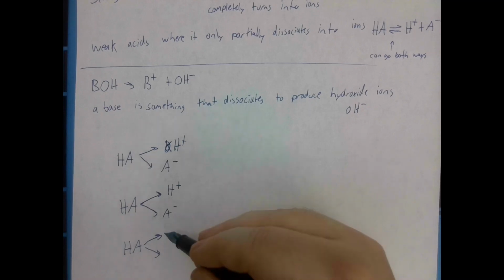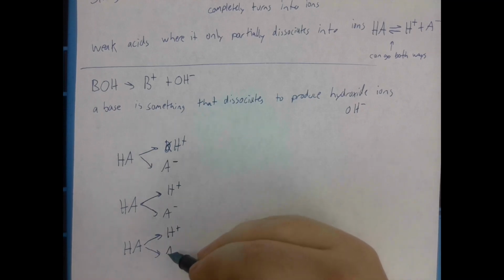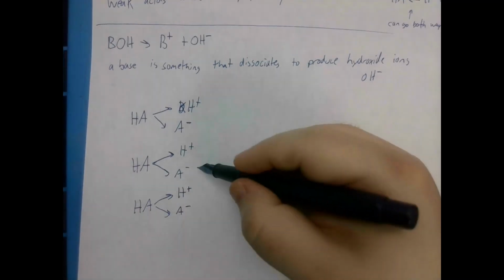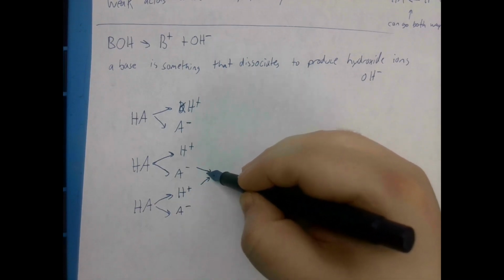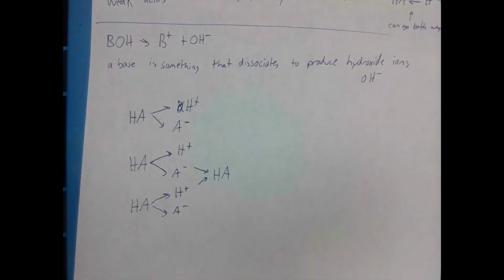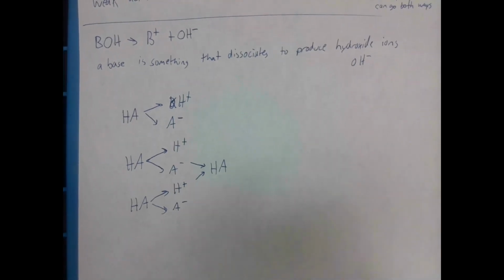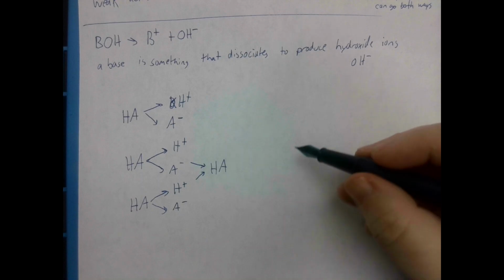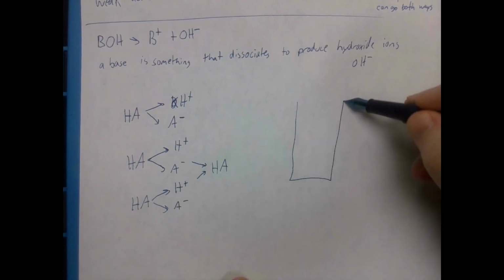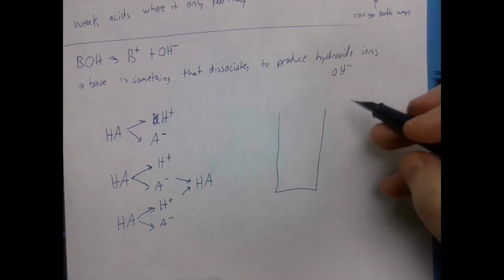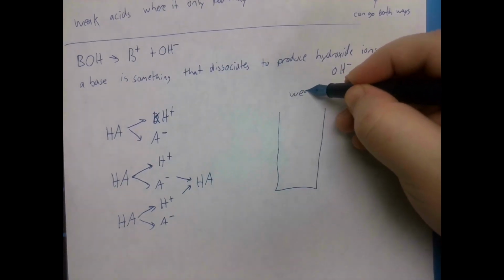However, some of the ions are going to come together and remake the acid. So when we look at any given time, let's say we have a weak acid.